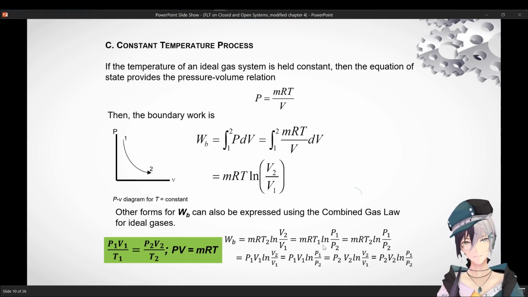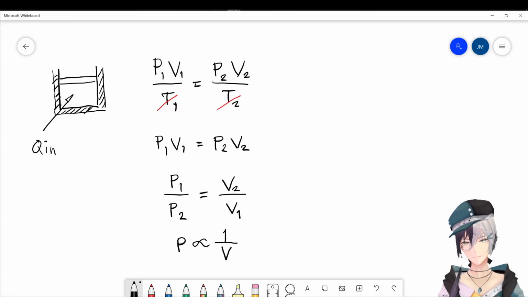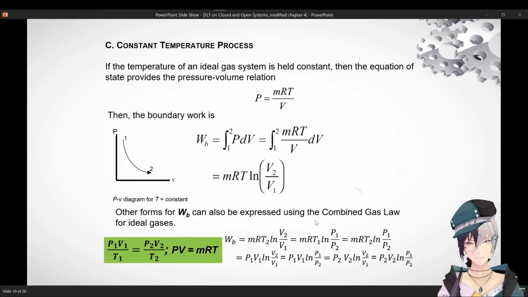Now, for this expression, ln of pressure 1 over pressure 2, volume 2 over volume 1 is equivalent to pressure 1 over pressure 2. So that is where we got this one. And then the same thing, MRT.